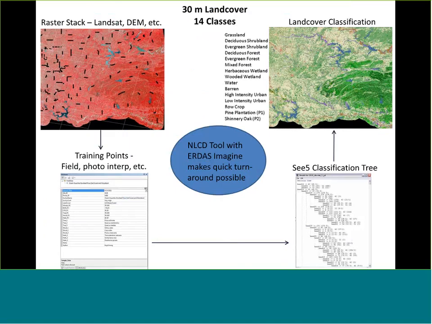So I want to emphasize that the land cover and the modeling and the description of types relied quite heavily on the field collected data. So there were 3,700 and some points collected systematically by Katie.